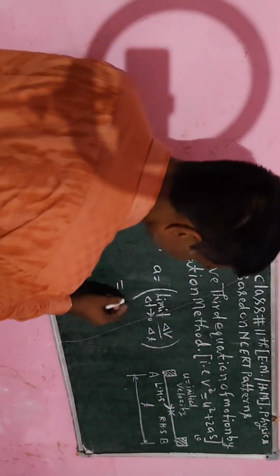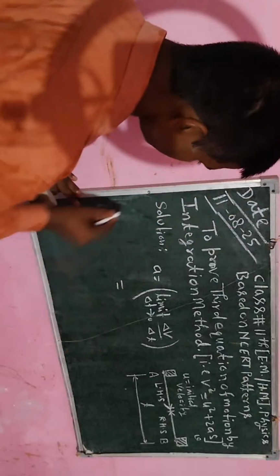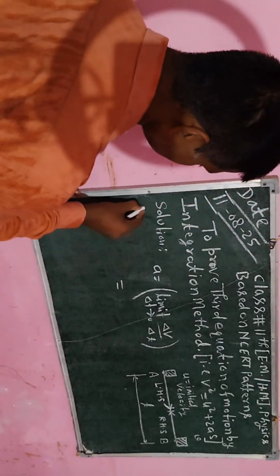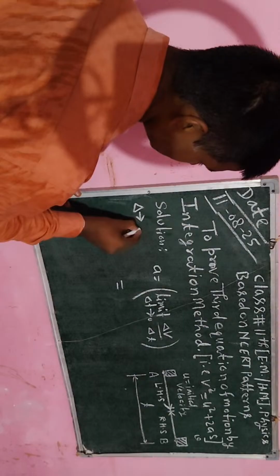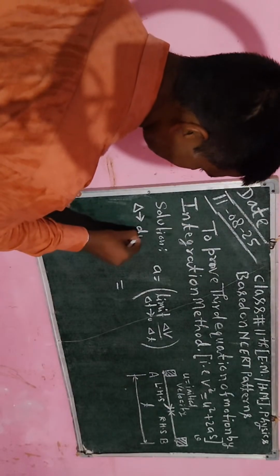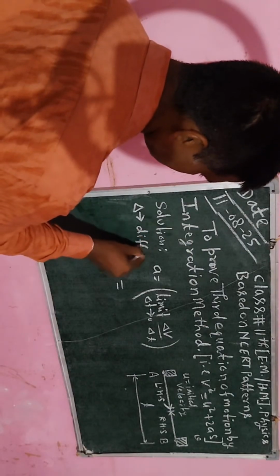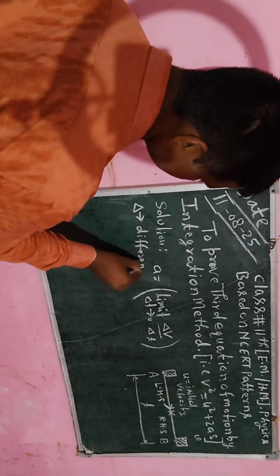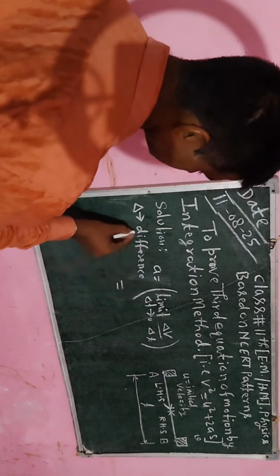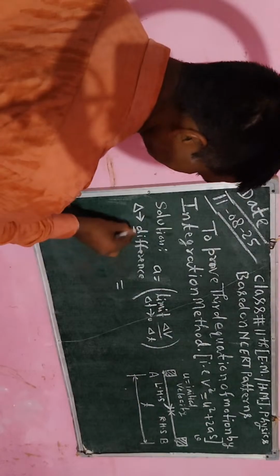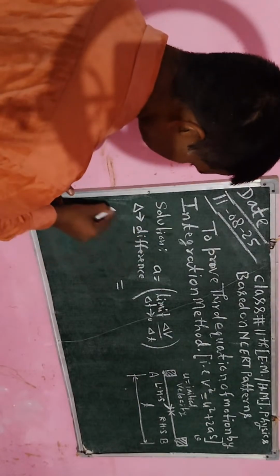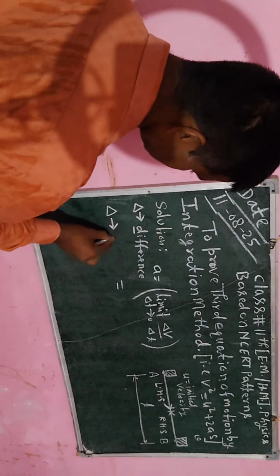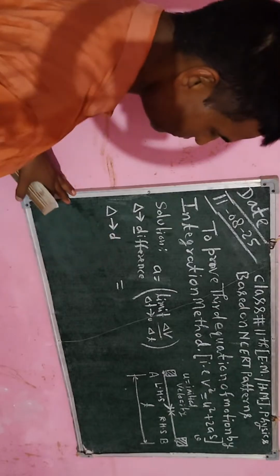Now, one additional piece of information: this is delta, and its value is difference, D-I-F-F-E-R-E-N-C-E. Difference starts with D, so delta is also represented with D. So I will write its name.